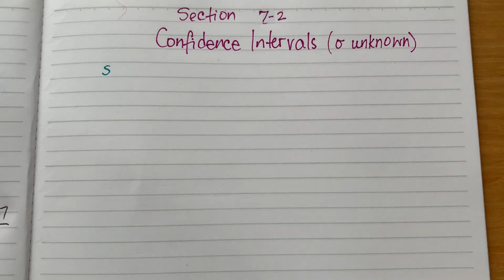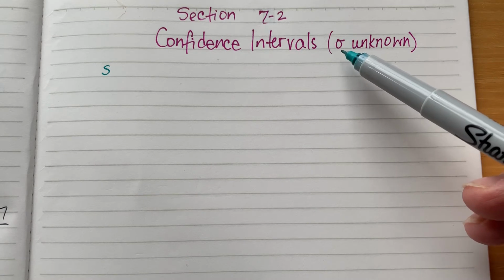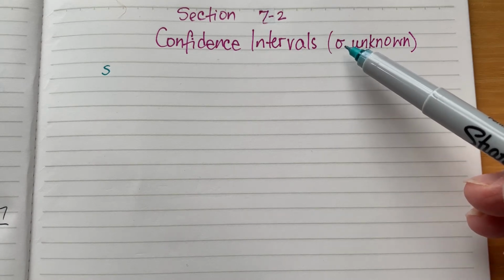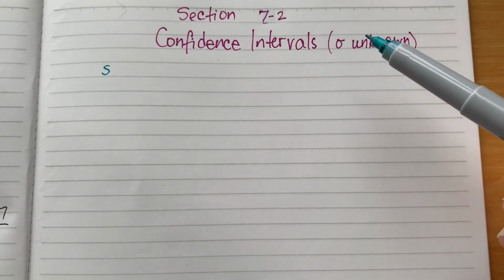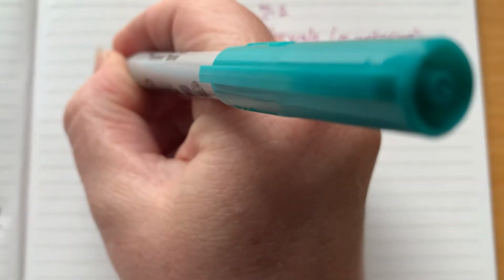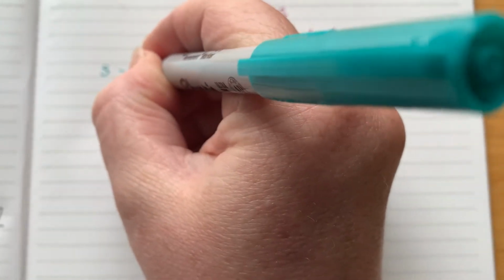However, most of the time we do not know our sigma. Sigma is unknown to us. And more often than not, when you use statistical methods, you're going to use the standard deviation of the sample. So S is the standard deviation of the sample.